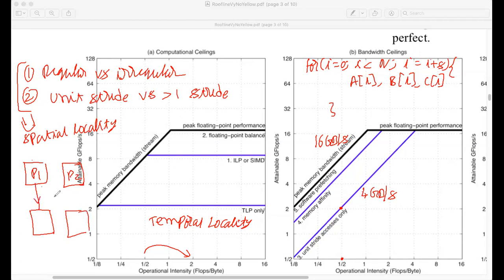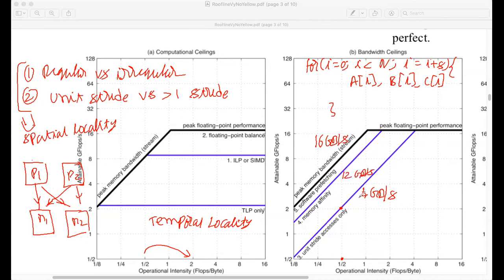So M1 is local for processor P1 and M2 is non-local. Similarly, M2 is local for P2 and M1 is non-local for P2. If you allocate your data in such a way that the threads running on P1 have their required data on M1, and the threads running on P2 have their required data on M2, then the effective bandwidth you might be able to increase from 4 GB per second to maybe 8 or 12 GB per second.